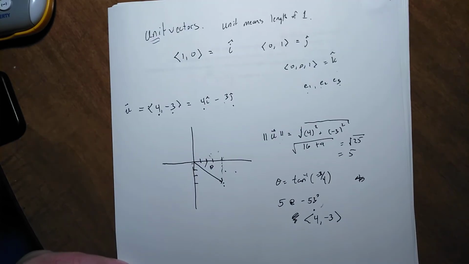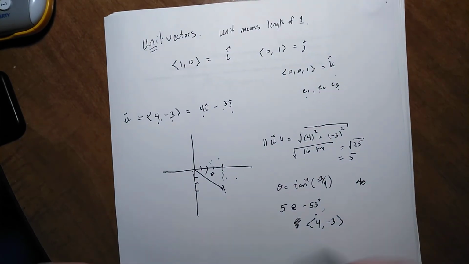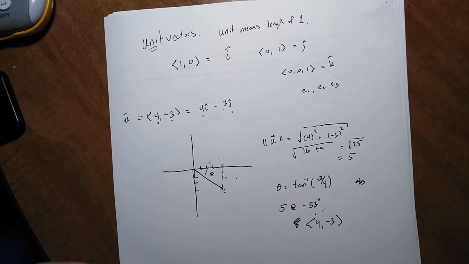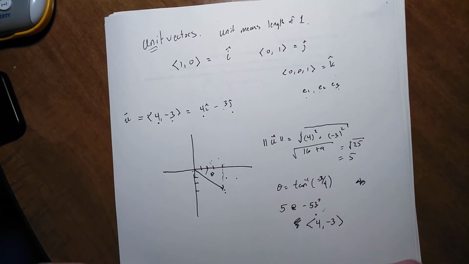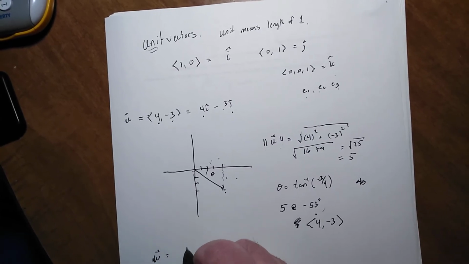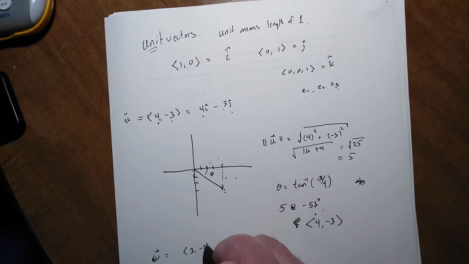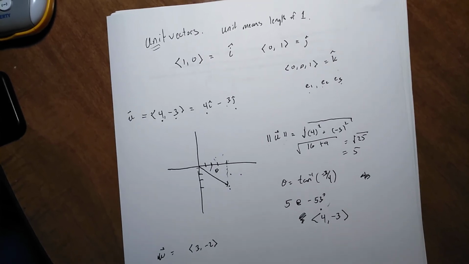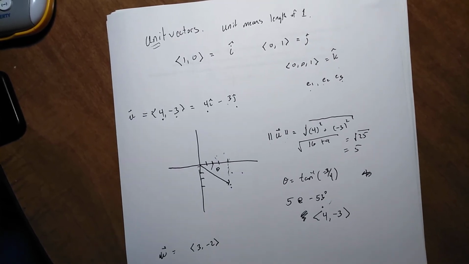So let's do an example. Let's find a unit vector in the same direction as a given vector. So if we have w, which is equal to, let's go with 3, negative 2. And it said find a unit vector in the direction of w.